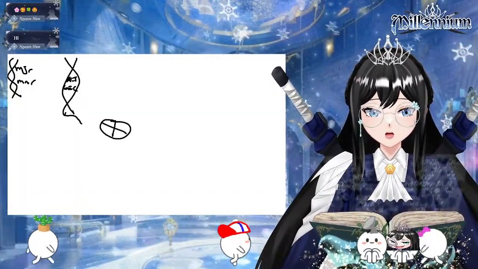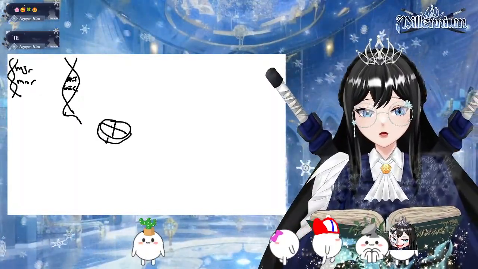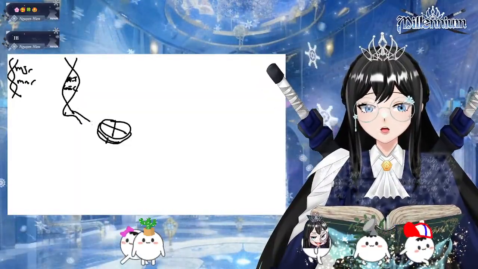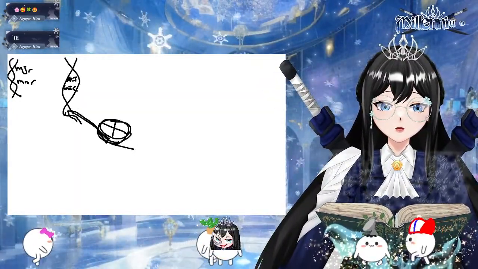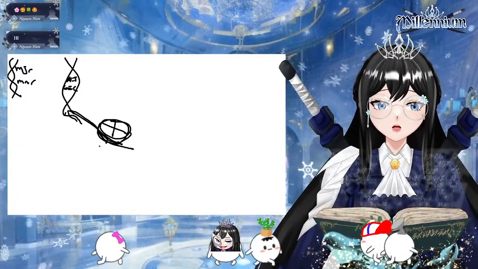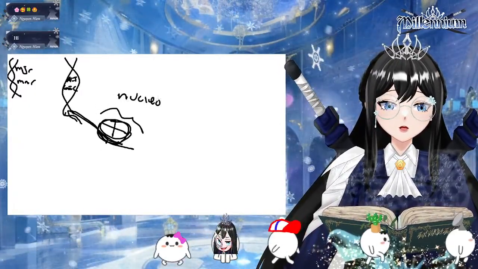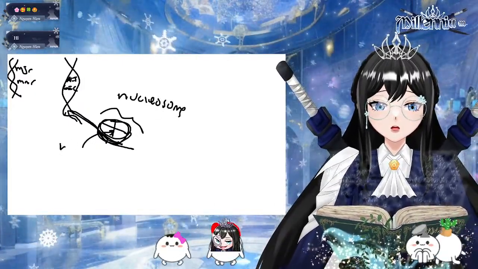It's octamer because it has 8 subunits. 1, 2, 3, 4, and the other side. That's 8. If you wrap it around here, yeah. And now it's called a nucleosome. And I'll just write an arrow here. That's the histone octamer.